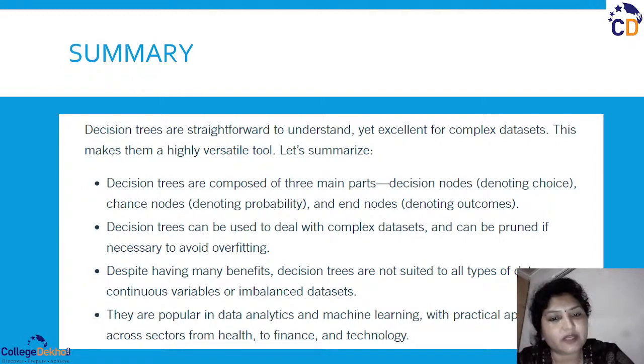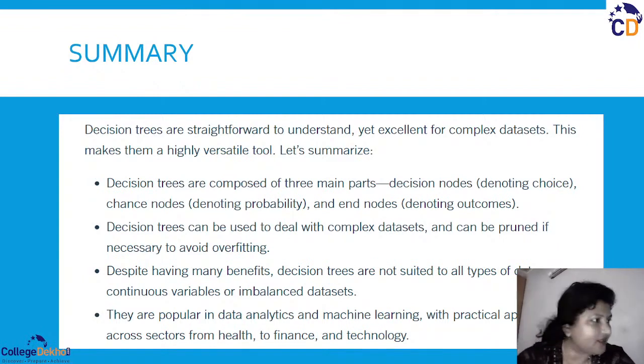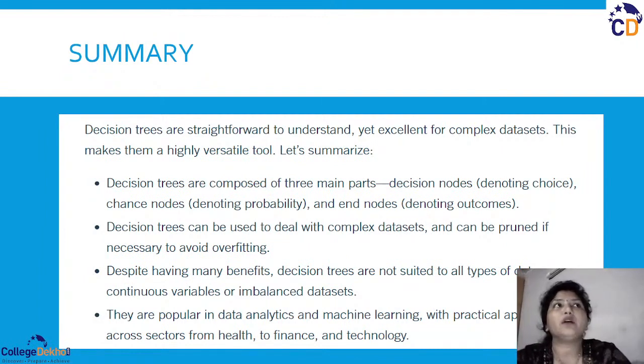Despite having many benefits, decision trees are not suited to all types of data, like continuous variables or imbalanced data sets. I have discussed this. We need a balanced data set that is not biased, collected from all areas. Suppose I want to make a cluster of four villages in rural areas.